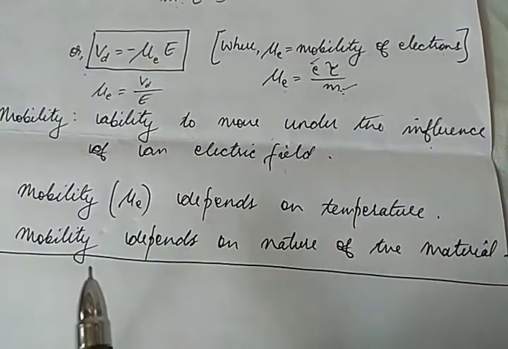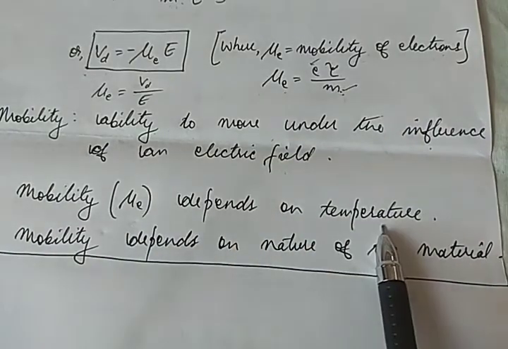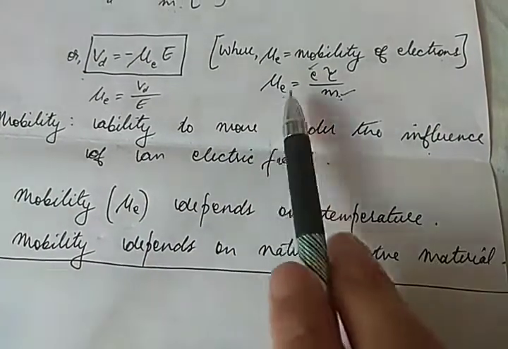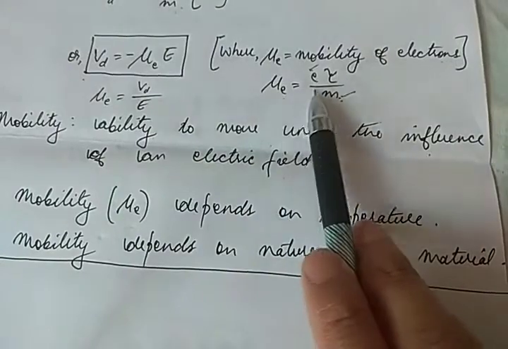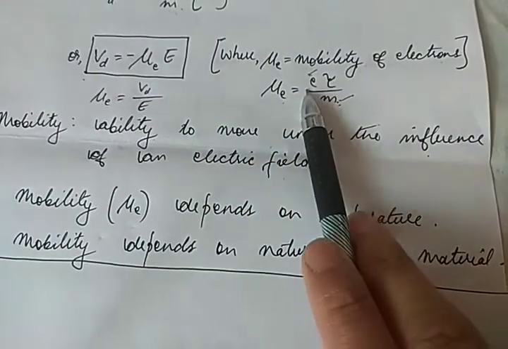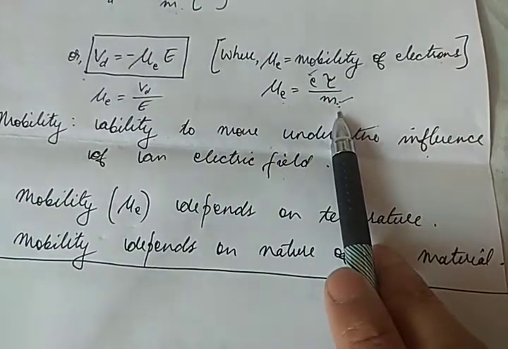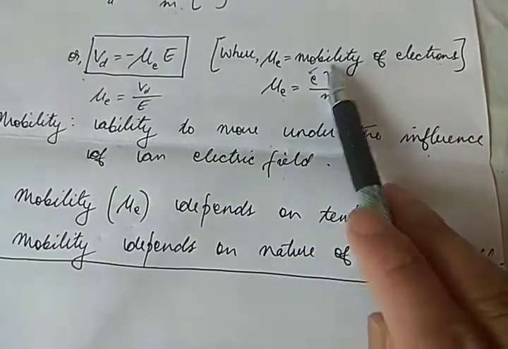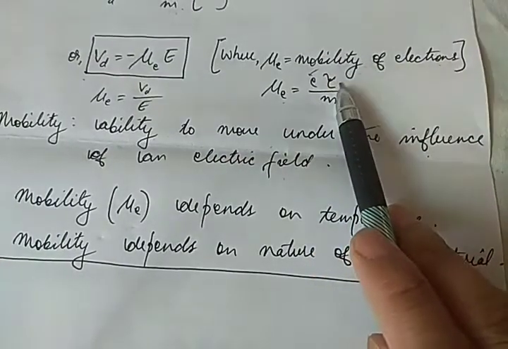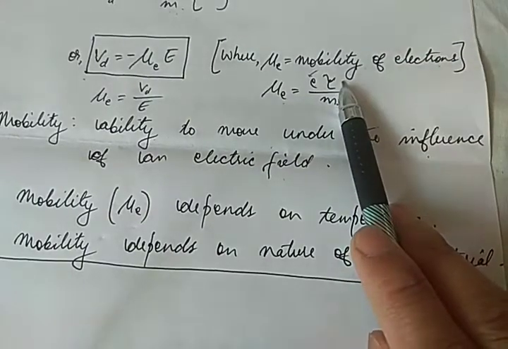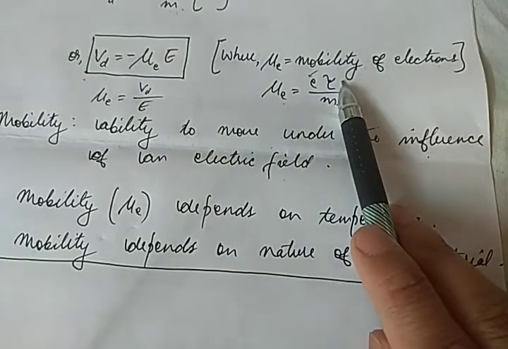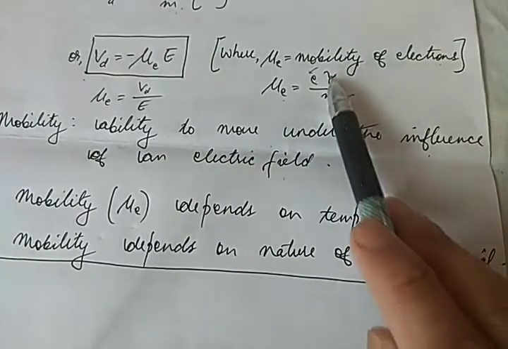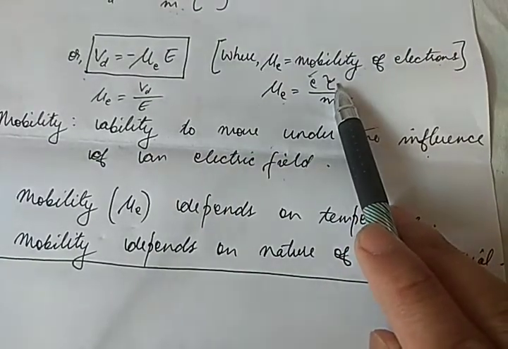Now, mobility depends on two things. One is that mobility depends on the temperature. You can see from this expression, mu e, the mobility, is e tau by m. Now, e is a constant, m is a constant. The mass of the electron is a constant, the charge of the electron is a constant. So it basically is dependent on the relaxation time. Now remember, for a given conductor at a constant temperature, the relaxation time is a constant for that conductor.